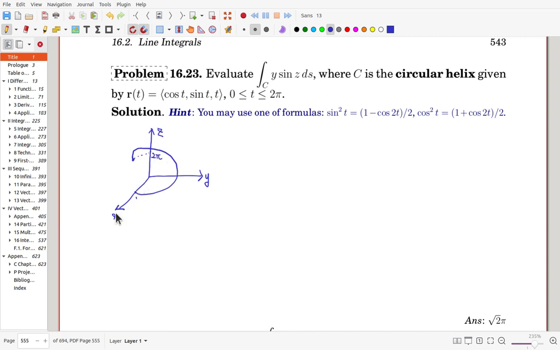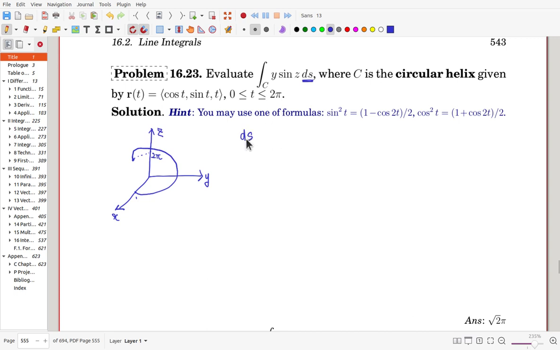Okay, that's a helix. And once you try to get t larger, then it is turning around and coming up in this way. So it is called a helix, okay? Now, it's parameterized in this way. So when we try to get the integral, first we have to consider ds.